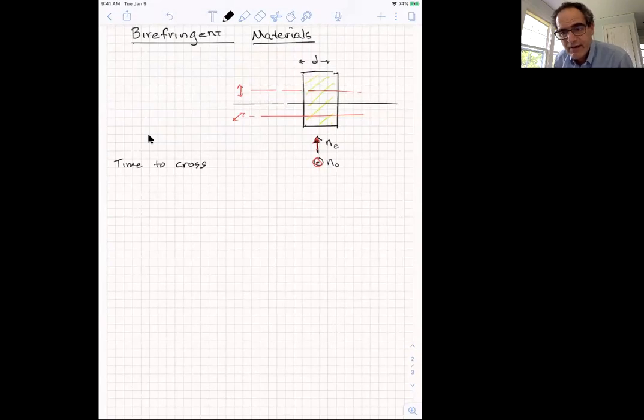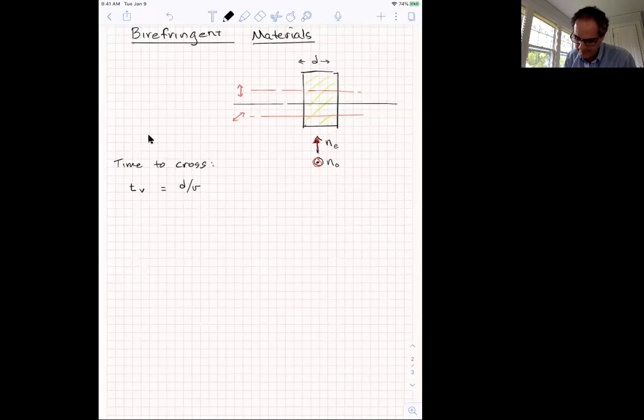Of course, it's different because the waves move at different speeds since the indices of refraction are different for the two beams of light. So the time to cross for the vertical component, which will just be the distance it has to travel divided by the speed for the vertical component, will be the distance divided by, and remember, it will be the speed of light in vacuum divided by the index of refraction.